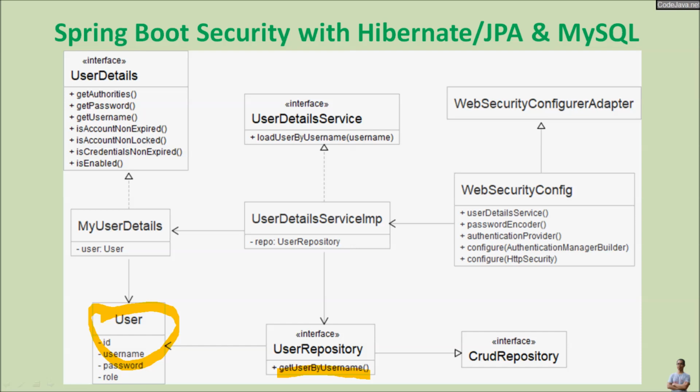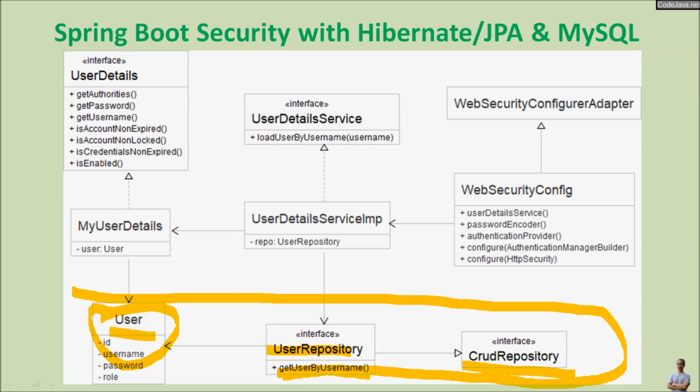And this interface must extend the CrudRepository interface, which is defined by Spring Data JPA. So in the data access layer, we need to code the User domain model class and UserRepository.